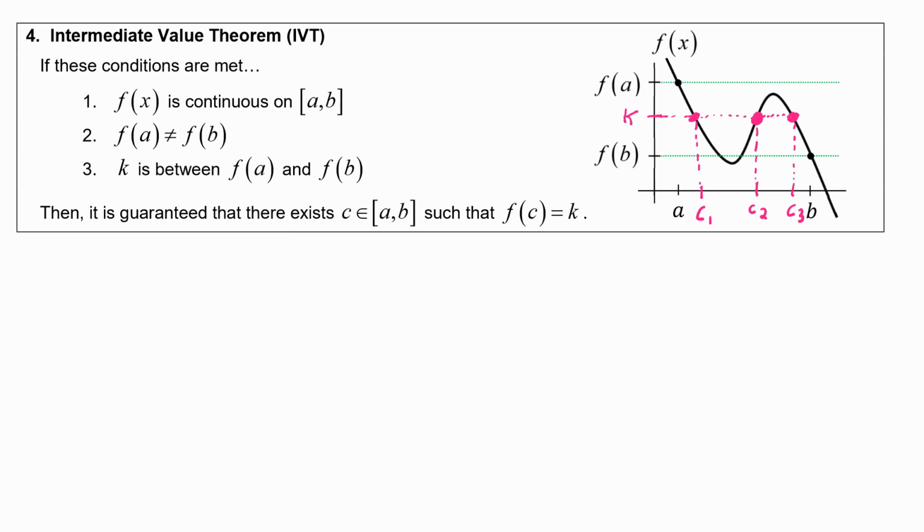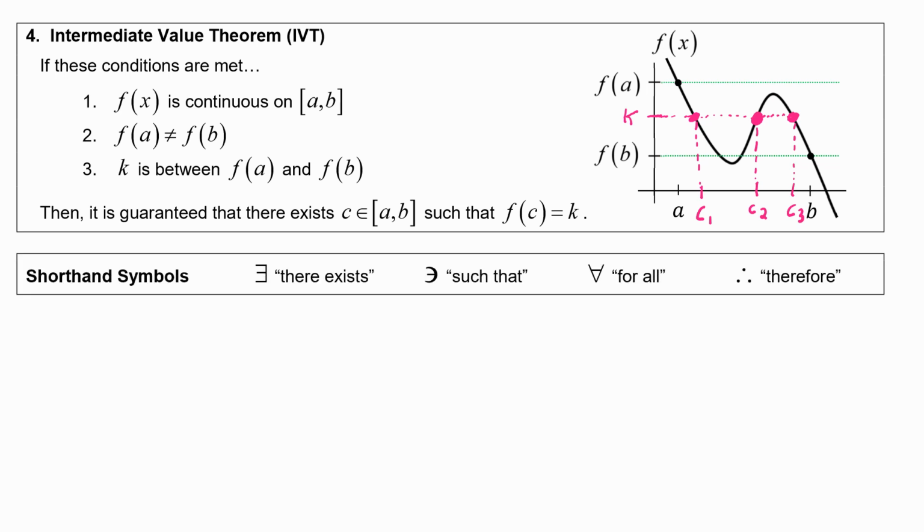Now, in writing these proofs using the intermediate value theorem, sometimes we make use of shorthand symbols. So we have a symbol that will stand for the words "there exists," another symbol that stands for "such that," the upside down A that you've seen before, which stands for "all," and the three little dots, which you've used quite a bit, for "therefore."